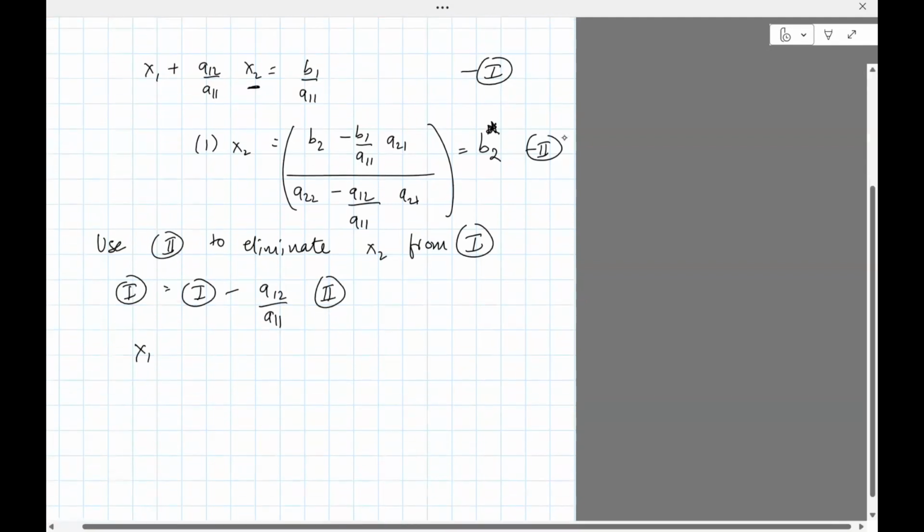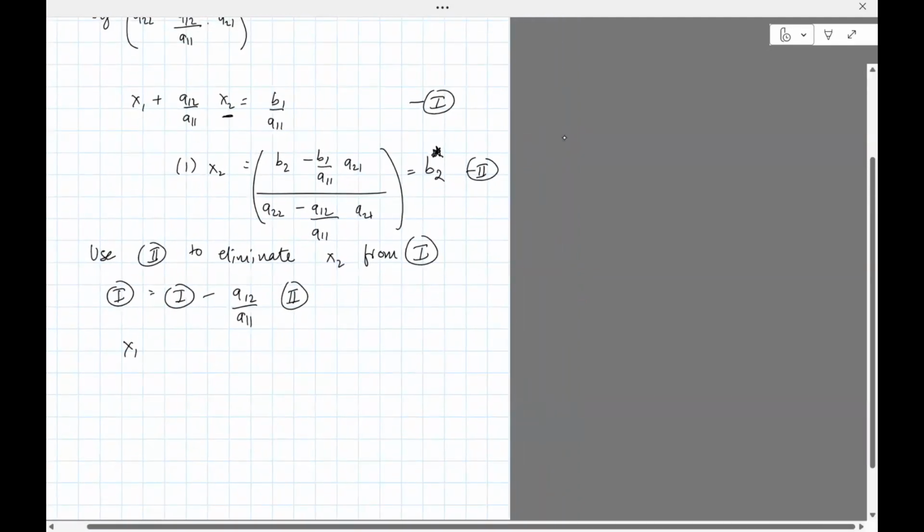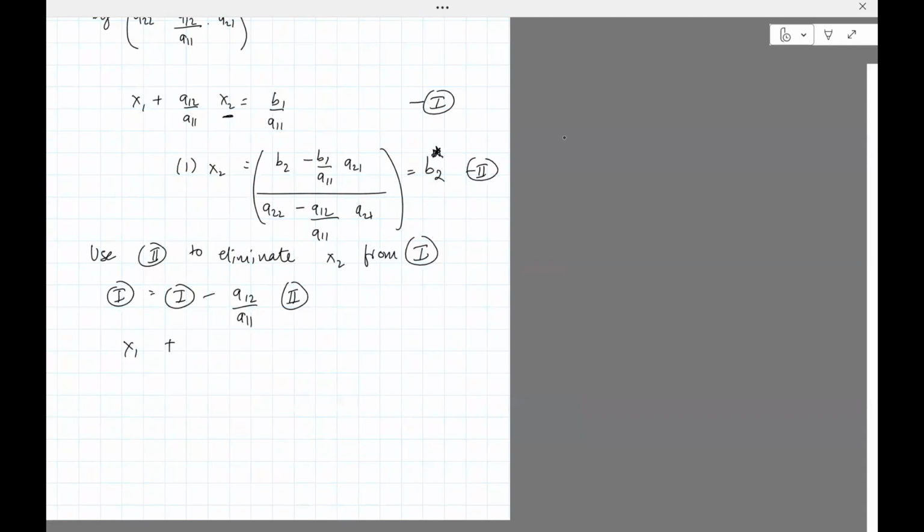This will be x1 plus that clearly is 0 because you eliminated that. This will be B1 over A11 minus A12 over A11 times B2 star, and x2 is B2 star.